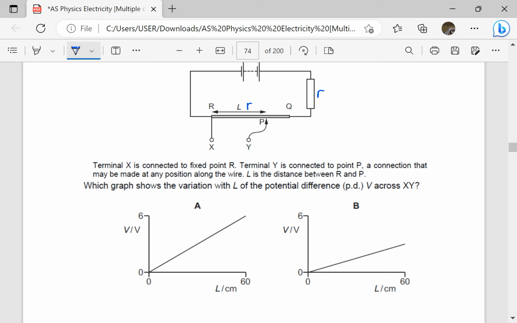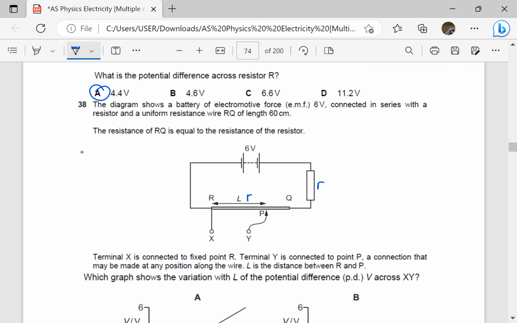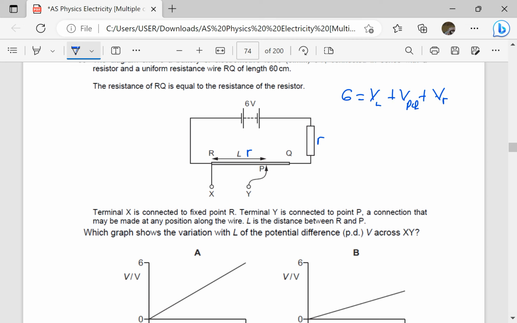So remember, the total PD, the total EMF E is going to be the PD across the length L plus the PD across PQ plus the PD across the fixed resistor, which I'm calling small r, or simply PD across RQ plus the PD across the fixed resistor.